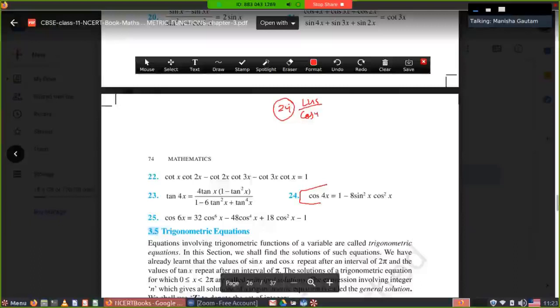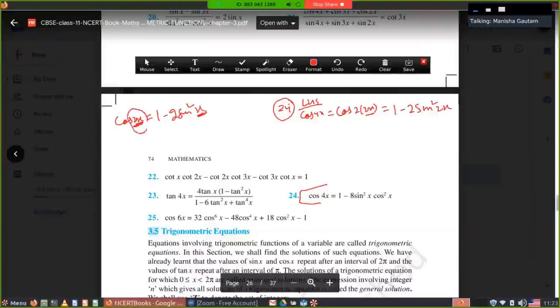Cos 4x can be written as cos of 2 into 2x. Now apply the cos 2x formula. There are 4 formulas; you have to apply the sine one. When here it is 2x, it is x. If it is 4x, then it will be 2x. It means 1 minus 2 sin square 2x.